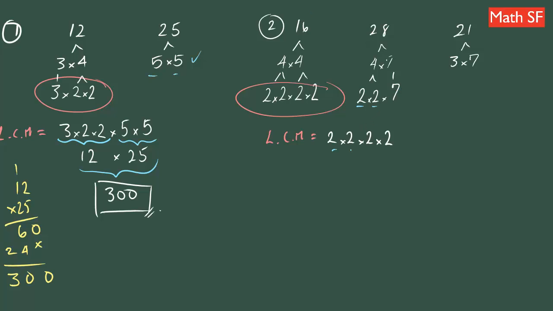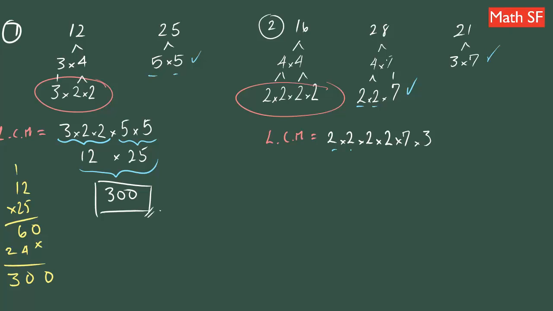But what about the 7? I don't have a 7, so I should add that 7. Now all of this is already included here. 21. Do I have a 3 times 7 on my list? I don't. Therefore, I must add a 3 because the 7 was already there. Therefore, I have everything there.